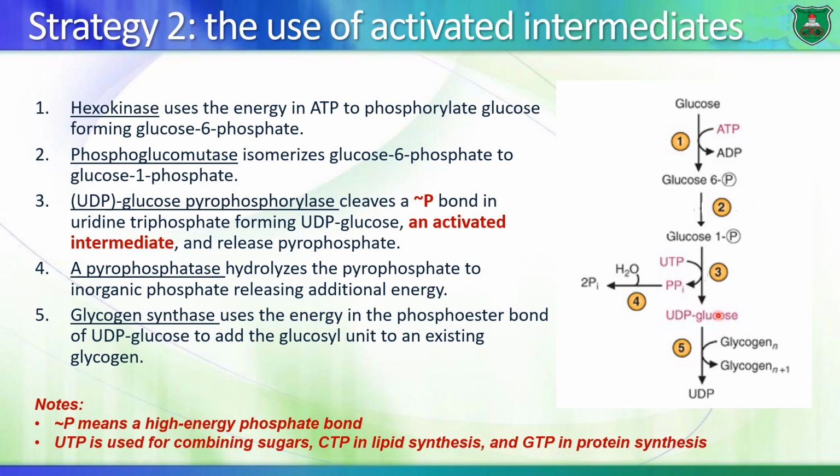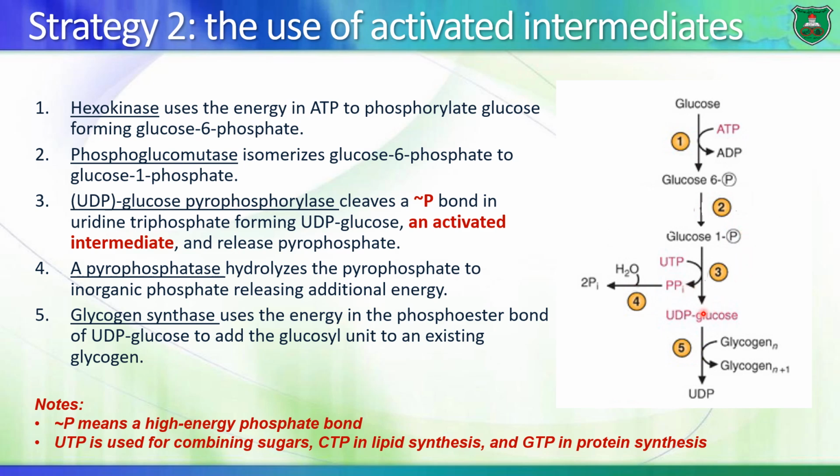Now, this reaction is catalyzed by an enzyme known as glucose phosphorylase. What this enzyme does is that it uses the high energy that exists in UTP, which is similar to ATP, except that instead of adenine, there is uridine. So there is a lot of energy in UTP, and this energy in UTP is used to attach UDP to the glucose molecule, replacing the phosphate.